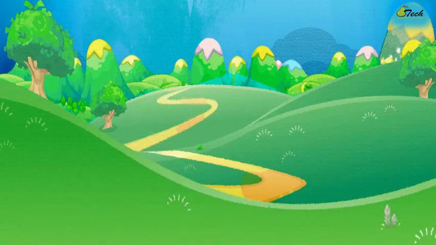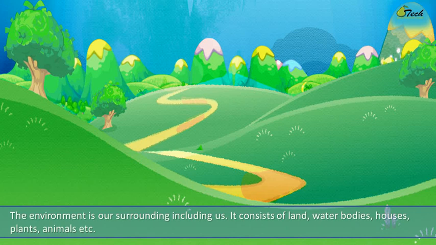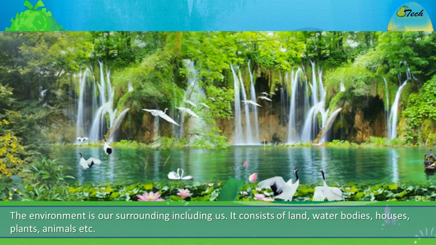Alright, okay, now this is the environment we live in. It says the environment is our surrounding, including us. It consists of land like this, and there are water bodies like this. Water bodies consist of streams, oceans, rivers and even ponds, and where water is there, water-based animals and plants and all the living things surrounding the water live over there.